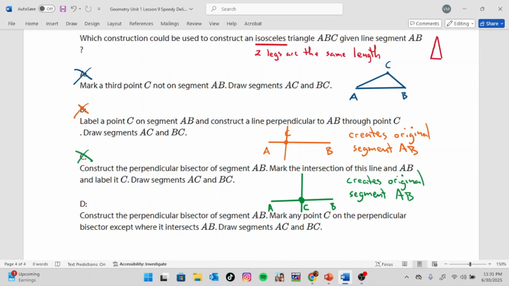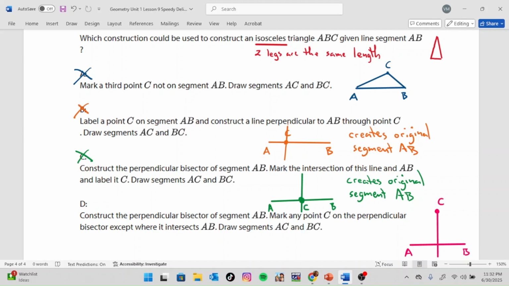So now we're down to option D. Construct the perpendicular bisector of segment AB. So here's segment AB. I construct the perpendicular bisector. Mark any point C on the perpendicular bisector except where it intersects AB. So I could put a point up here at the top.